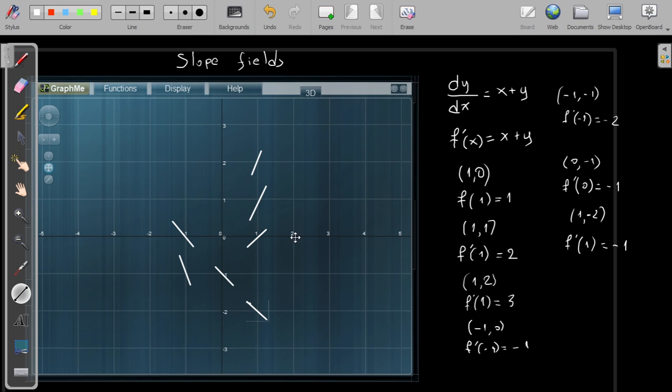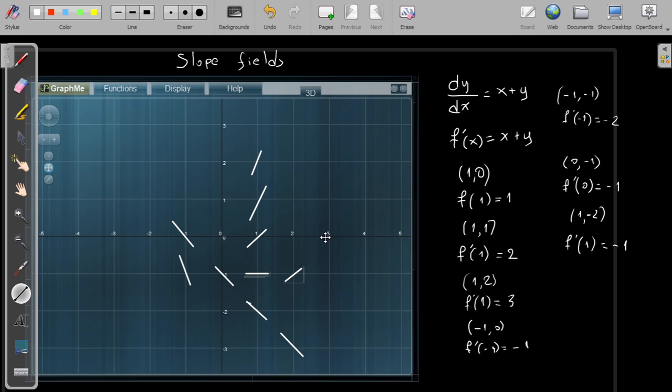If you substitute (2, -3), again it's going to be -1, like that. So you see it's a straight line here. If I take (1, -1), it will be 0. Gradient 0 means like that. If I take (2, -1), it will be 1. So my field will look something like this.